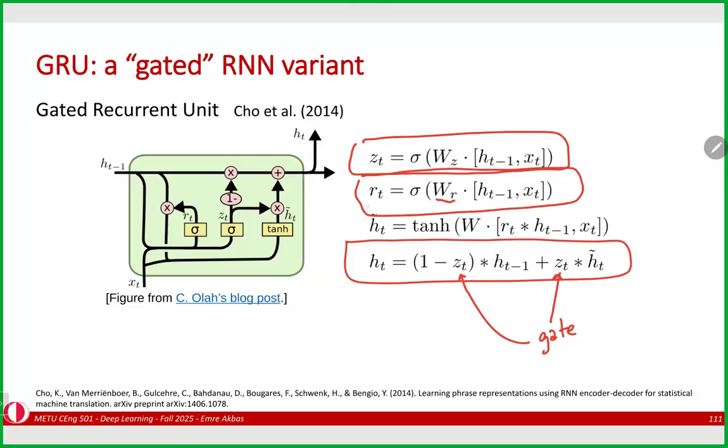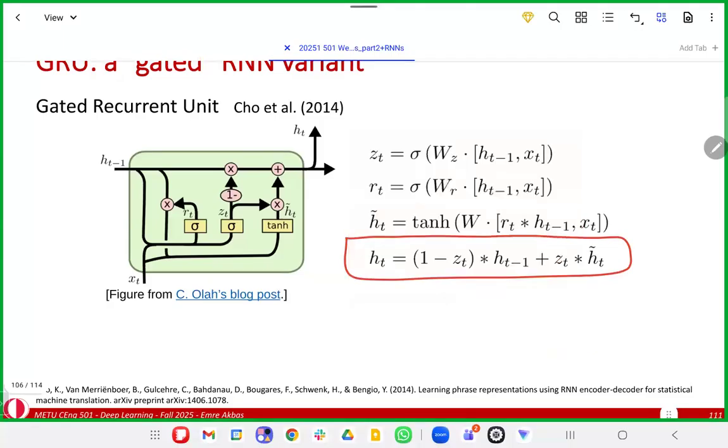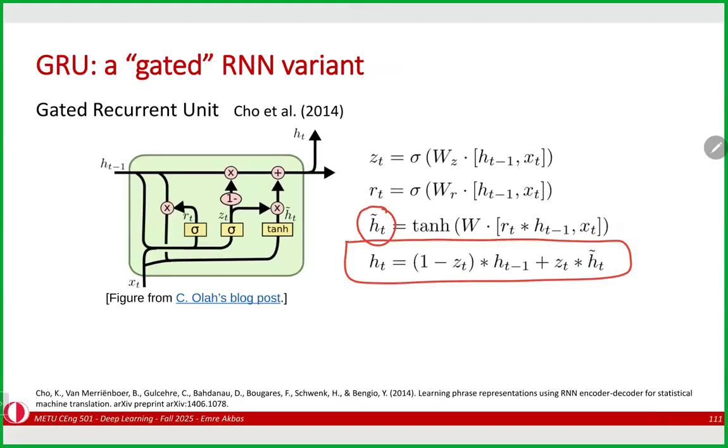And h tilde here is again a function of the previous hidden state times r and the current input x_t. So you get the idea here, right? The RNN block itself computes the value of z_t first, and that value decides how much of the previous state to pass and how much of it to just forget. So that is the idea.